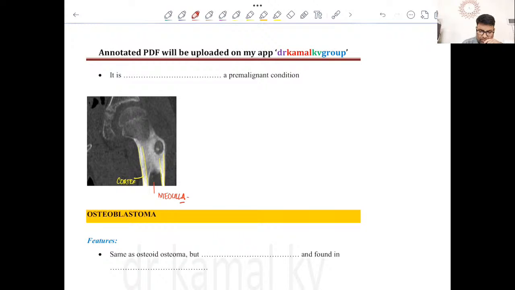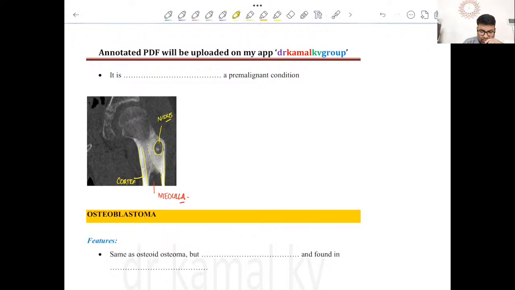Now if we see properly, the tumor is arising from the cortex, okay? Therefore we say that this is a cortical lesion. It is not involving the medullary cavity or the entire bone. It is just arising from one of the cortices, and in the cortex we will see a small black cavity, and this is known as nidus.